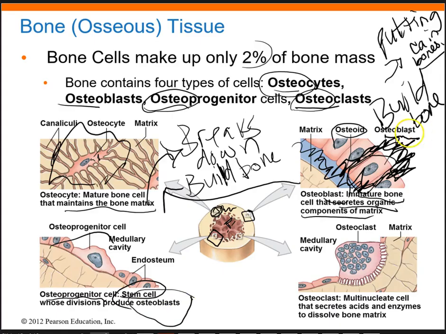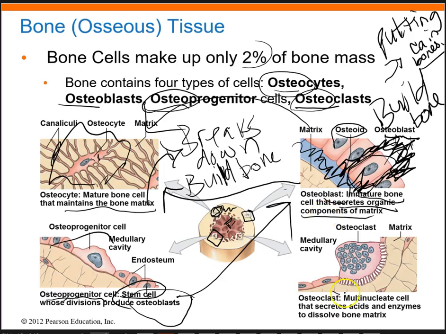Okay, so when this osteoblast matures and becomes an osteocyte, that means we need another osteoblast to replace it. That's where this progenitor cell comes in. It'll divide and make a new osteoblast. And then the osteoblast will mature and become an osteocyte. So those three cells are all related to each other.